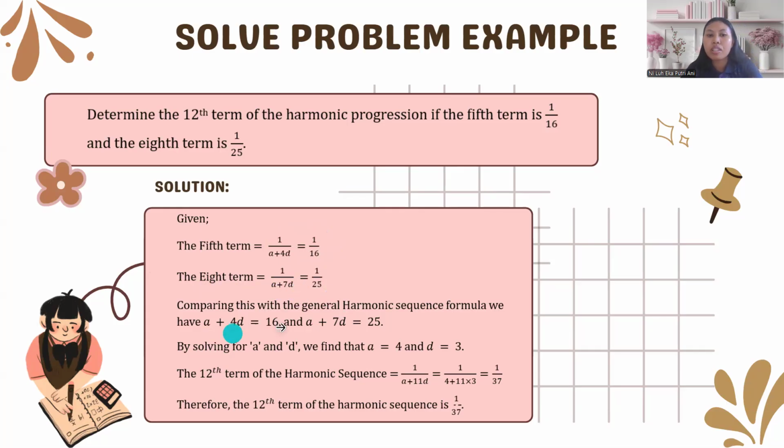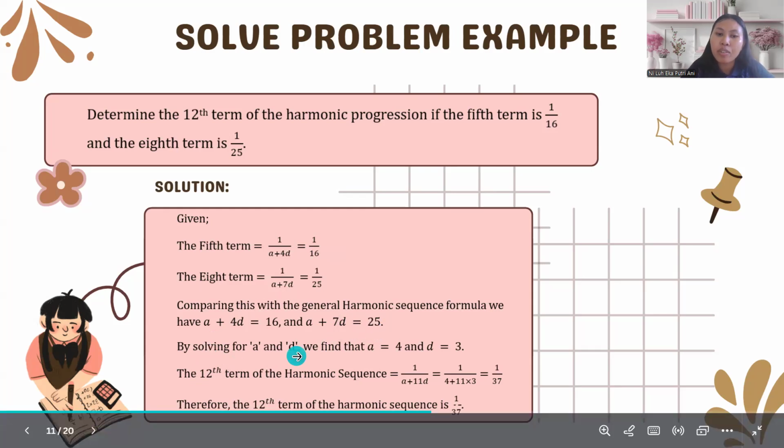Comparing this with the general harmonic sequence formula, we have a plus 4 times d is 16, and a plus 7 times d is 25. By solving for a and d, we find that a is 4 and d is 3.